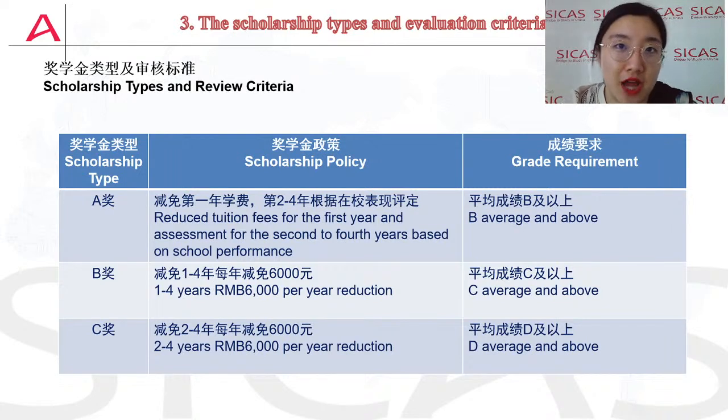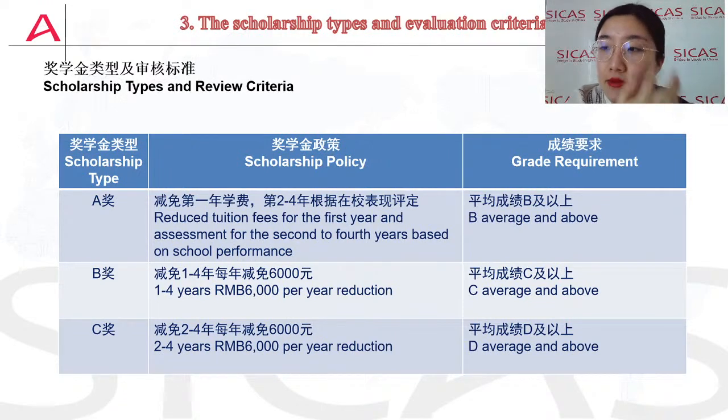So some of you might ask, okay, what does it mean to have an assessment from the 2nd year to the 4th year? It basically means that if you didn't break laws and have no criminal records, you will not be stripped of your type A scholarship by the school, and the grade requirement is B average and above.